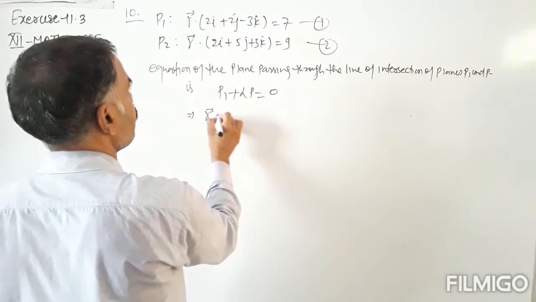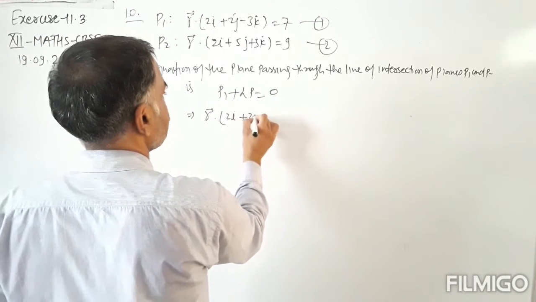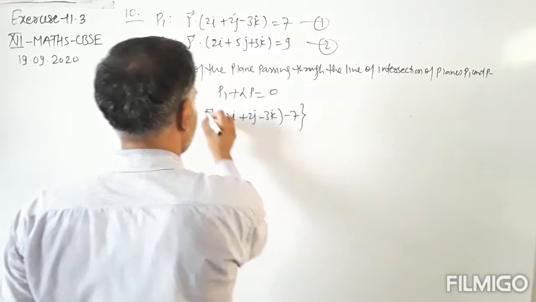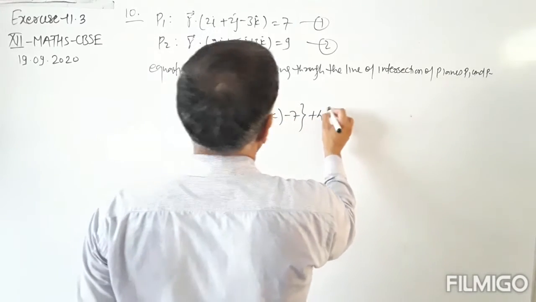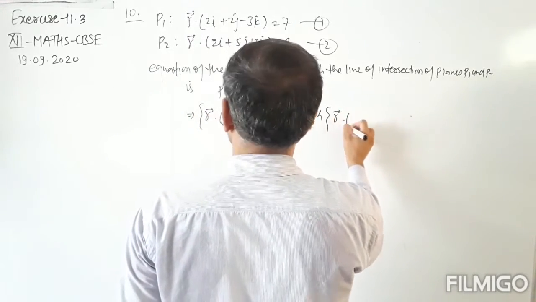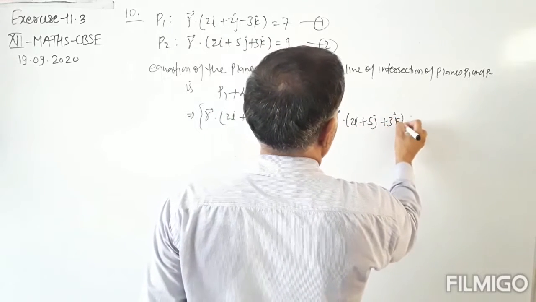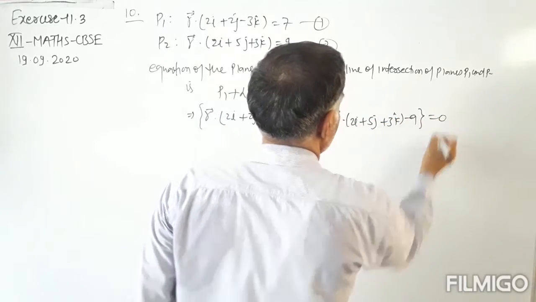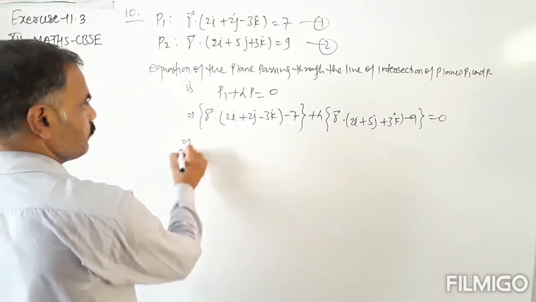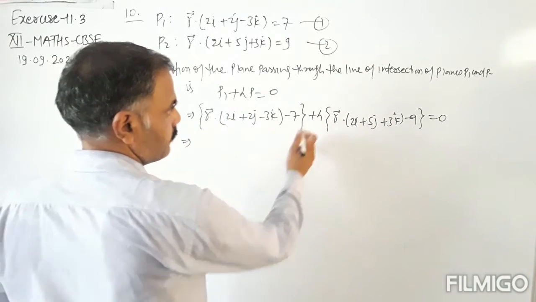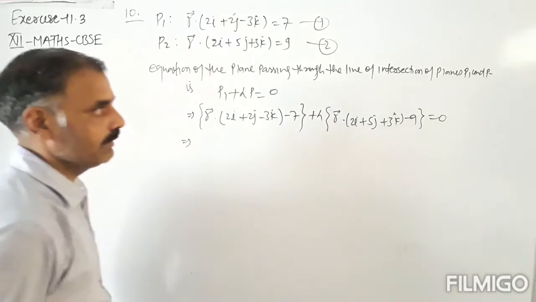So r vector dot (2i cap plus 2j cap minus 3k cap) minus 7, plus lambda into [r vector dot (2i cap plus 5j cap plus 3k cap) minus 9] equals 0. Now we have to find the value of lambda.